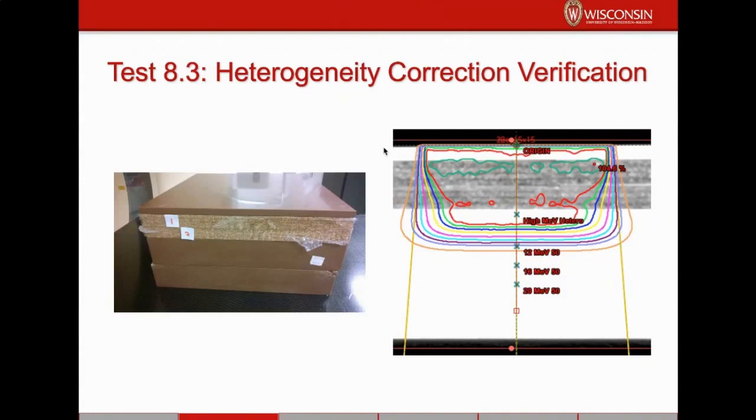the heterogeneity. So we asked another question in addition to, is the output correct? And that's, where is the 50% isodose line distal to the heterogeneity? So you can see that we have this high MeV heterogeneity point, which is more or less Dmax for this beam. But we also looked at what we would guess is the 50% isodose for each of 12, 16, and 20 MeV.